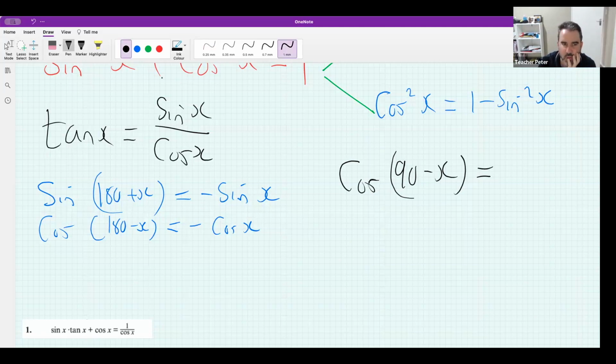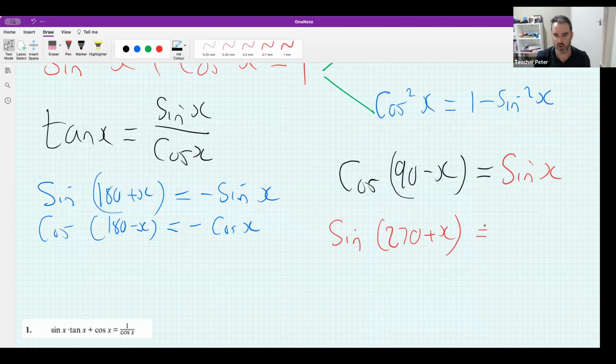So this would be the same as sine x. And what if I said to you, what is the sine of 270 plus x? What would that reduce to using co-ratios? Could you do that one?